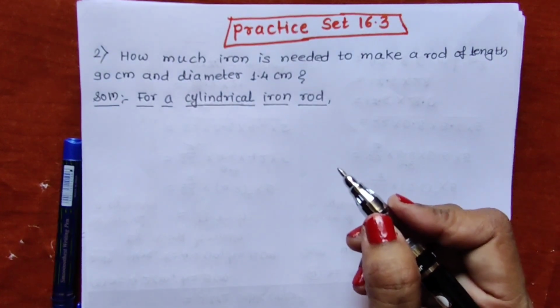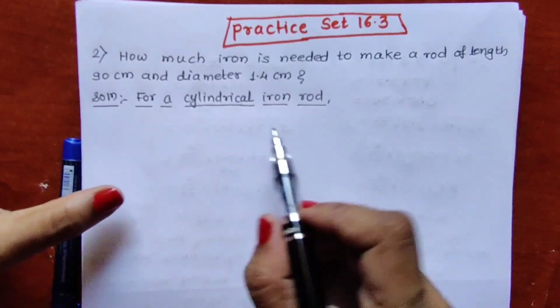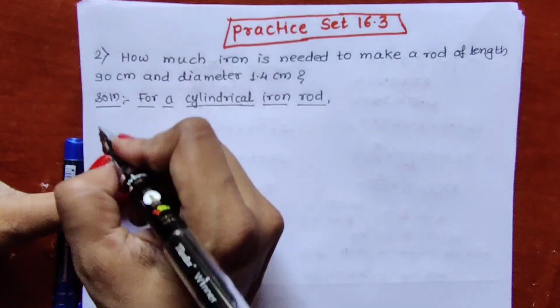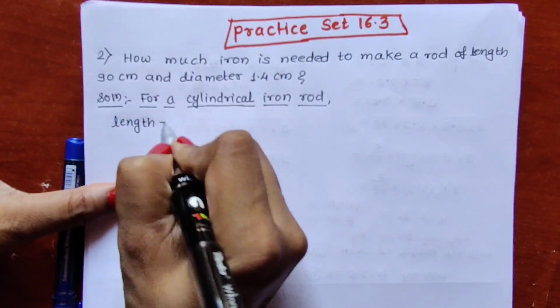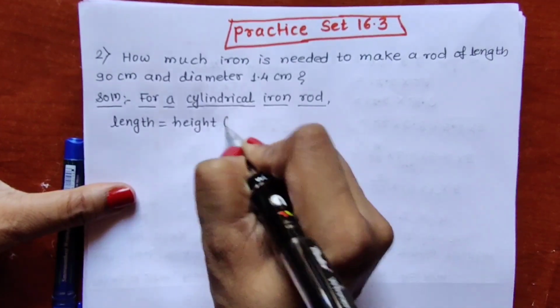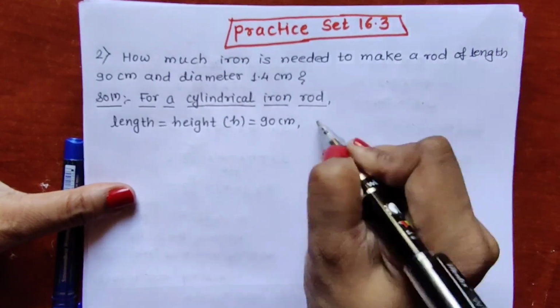So the base is a circle, that means the rod is a cylinder. Now for a cylindrical iron rod, what is given to us? Length 90 cm. Length means height. Okay, length means height. H is equal to 90 centimeter.